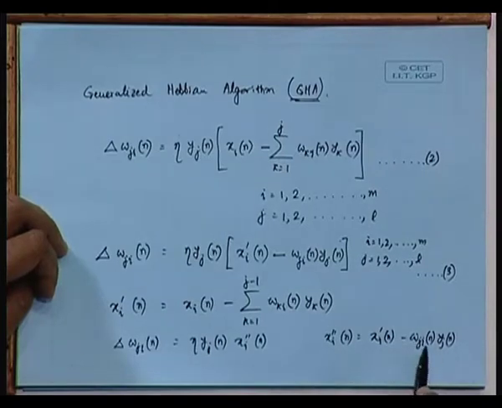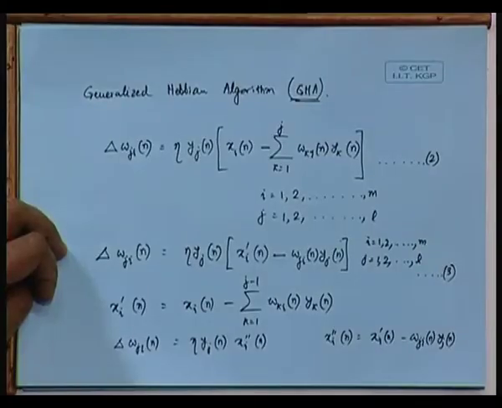So, this being the modified input, delta wji is equal to eta yj xi''(n). This will be the situation if we are looking for a generalized Hebbian learning, where we will have M inputs and L outputs.